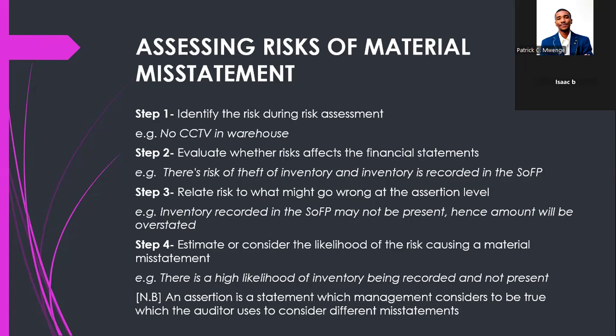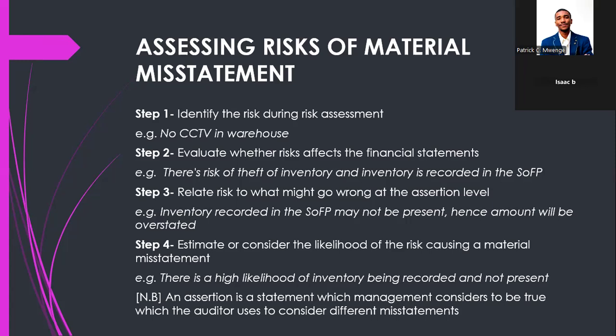Then two, we need to evaluate whether the risk affects the financial statements, right? So now, if we observe that there's no CCTV, does that risk affect the financial statements? Then we say, okay, yes, it may affect the financial statements because inventory is being kept there and inventory is recorded in the statement of financial position, right?